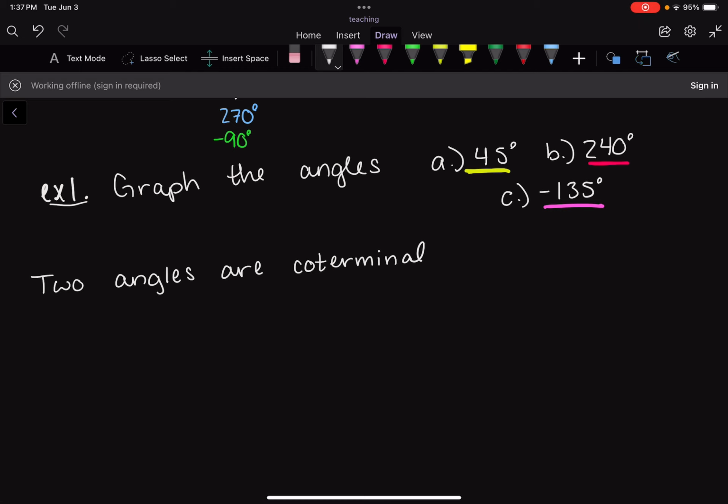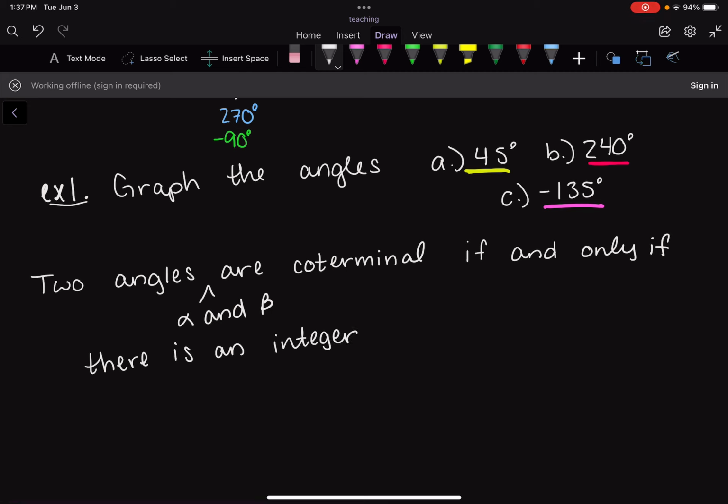Two angles, alpha and beta, are coterminal if and only if there is an integer k such that the measure of alpha, that's that notation right there, m parentheses alpha means the measure of alpha, plus 360 degrees times k is equal to the measure of beta.